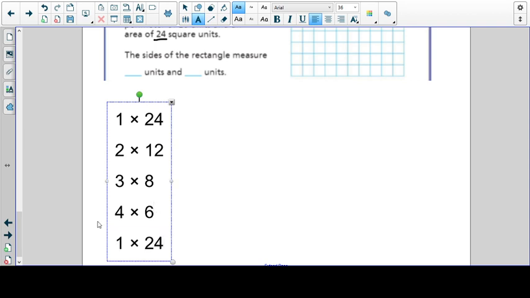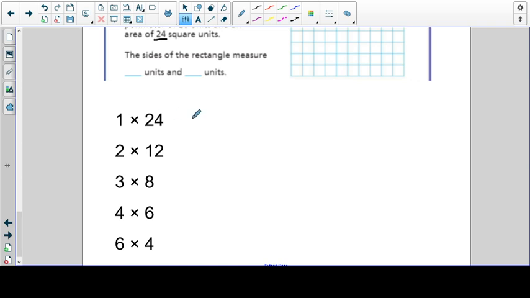Instead of 4 times 6, now I've got 6 times 4. I'm really going to stop right here at the 4 times 6, because anything I come up with for these 4 is going to be the same for its opposite. So all of these equal 24. So we know that the area for all of these is going to be 24.